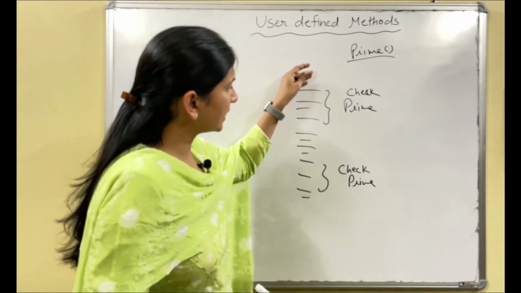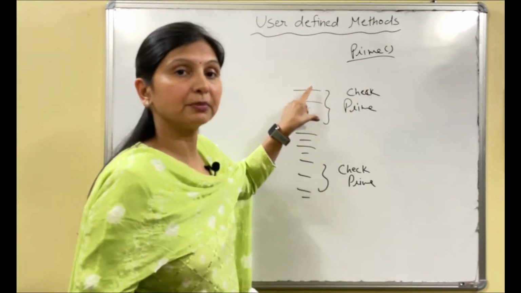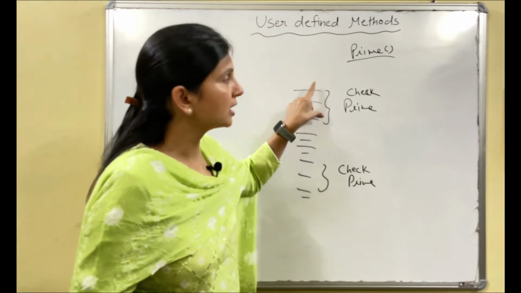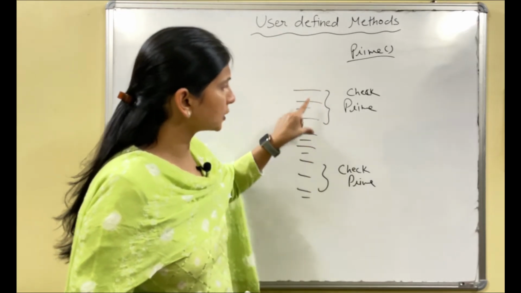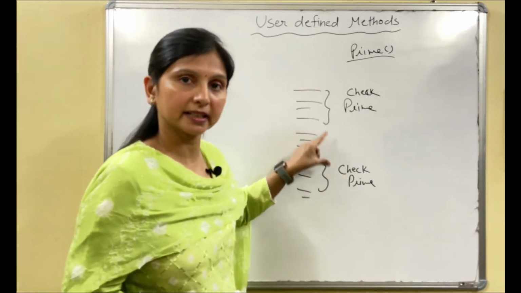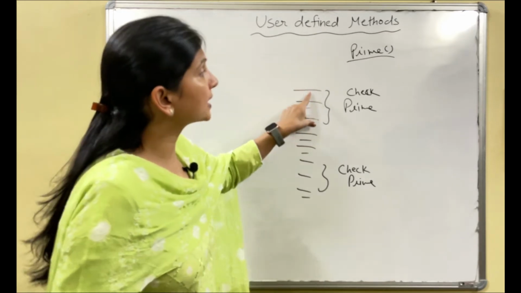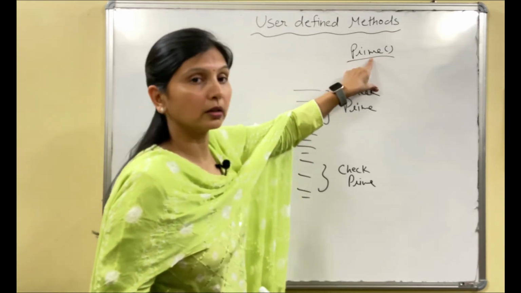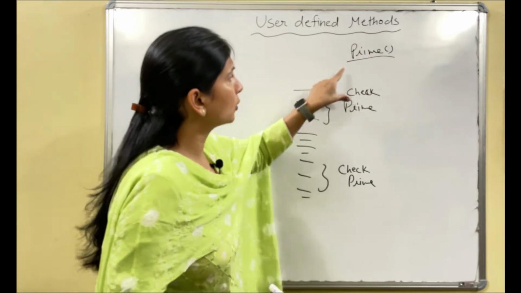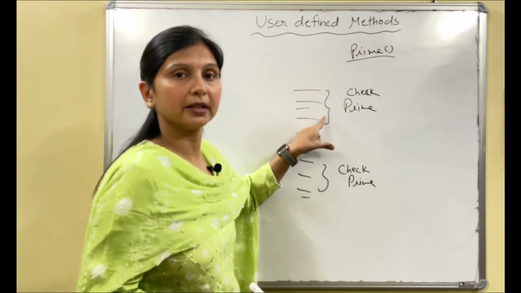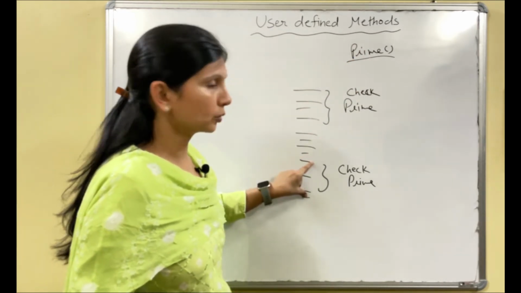Whenever these statements are needed in the main function, instead of writing the statements again and again, what can be done? We can just call this block by its name. Only prime we need to write in the main function, not the code.